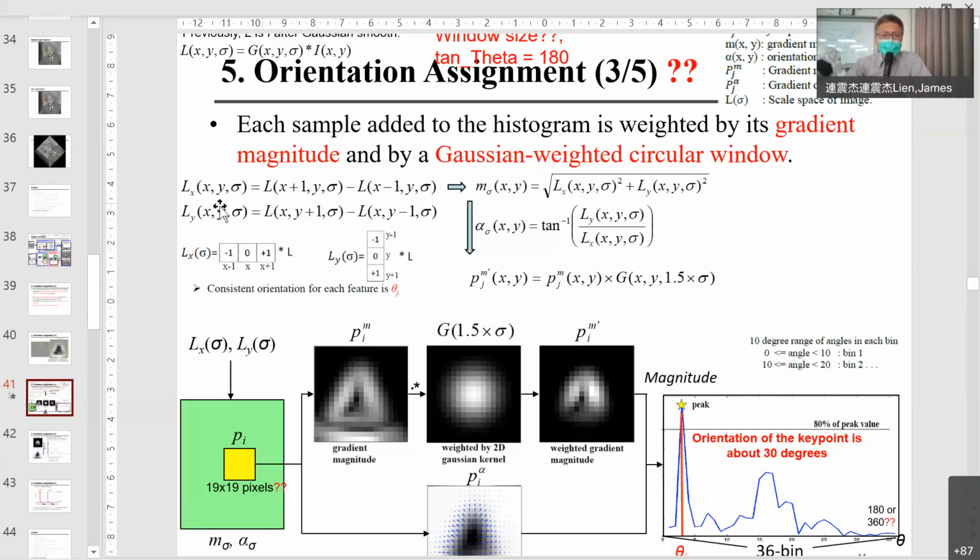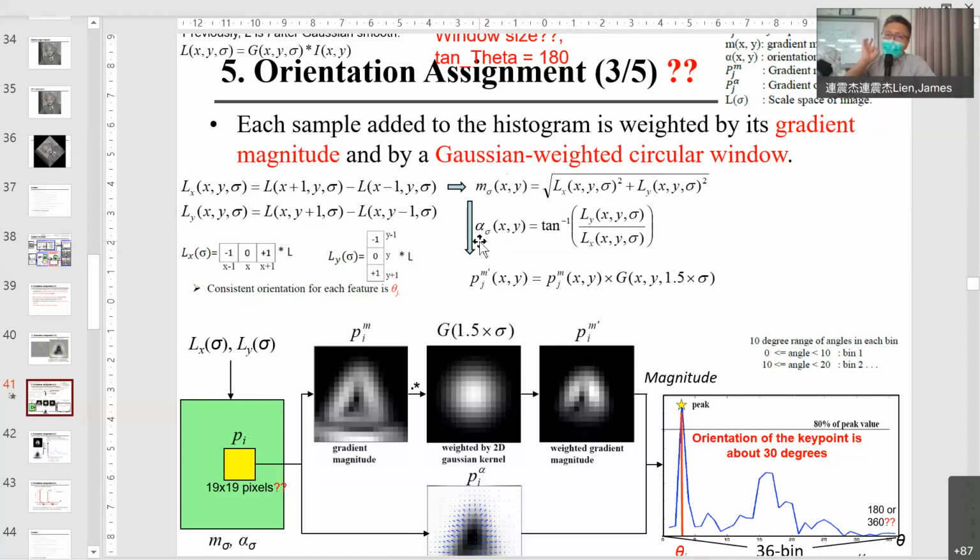Here again, this is gradient X. Use the difference of Gaussian gradient. So if you have a magnitude, let's say the gradient is, so the magnitude is the magnitude of this one. You have a rotation angle.